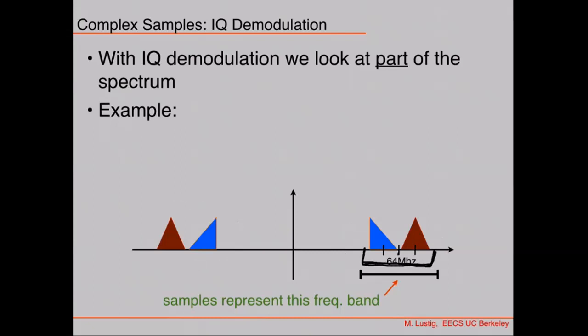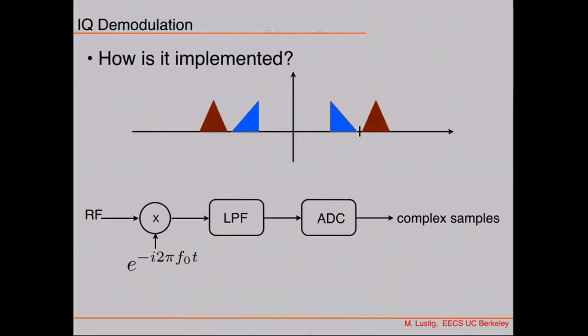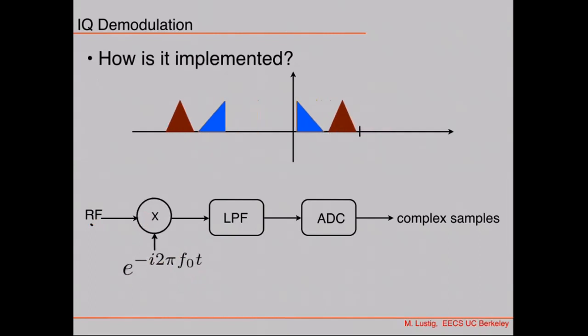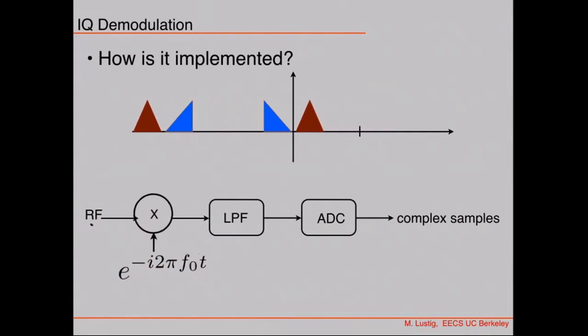So how do I do that? The first thing you do is perform demodulation. You take your signal and modulate it by e to the minus 2 pi f0 t. If you modulate this, that will shift the spectrum to the left. So if I apply that, this is what I'm going to get.